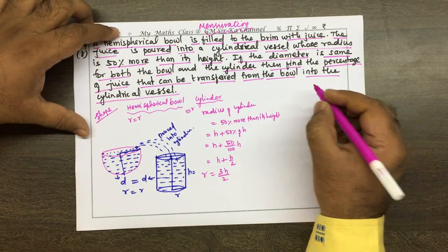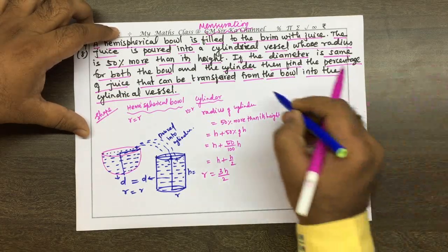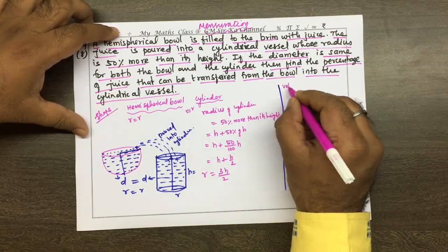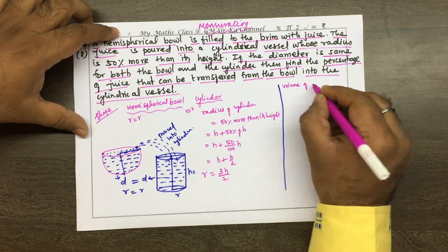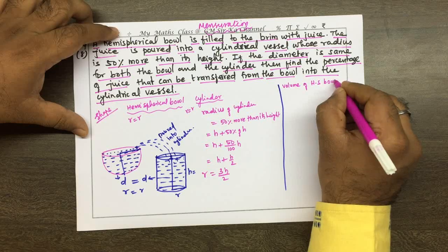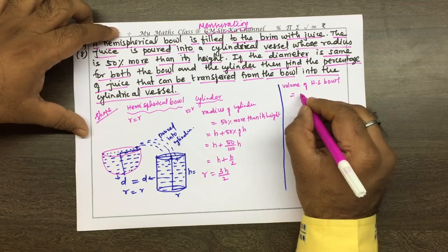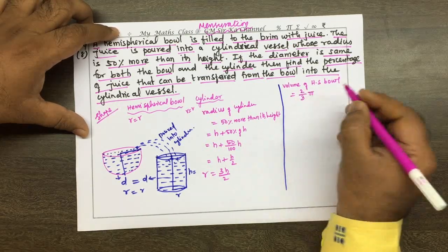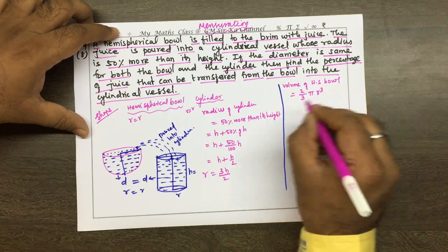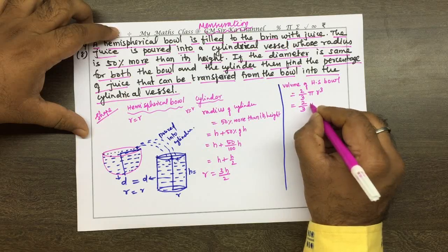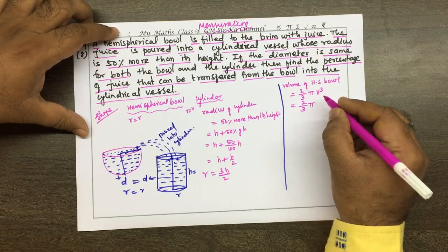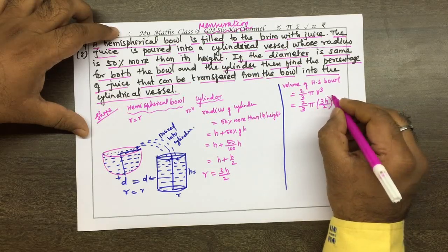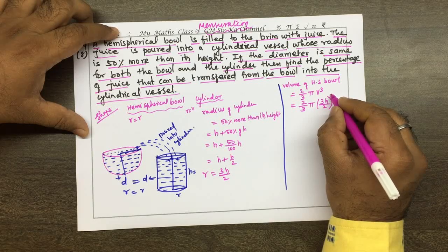Then we have the volume of the bowl. The hemispherical bowl is 2 by 3 pi r cube, which is 2 by 3 pi, where r is 3h by 2 because the radius of both the bowl and the cylinder is the same, the whole cube.